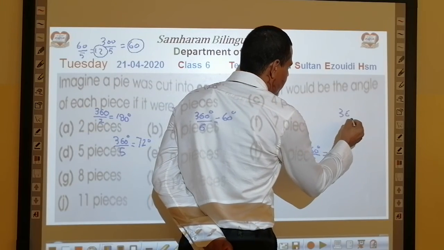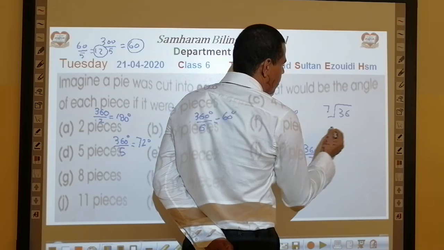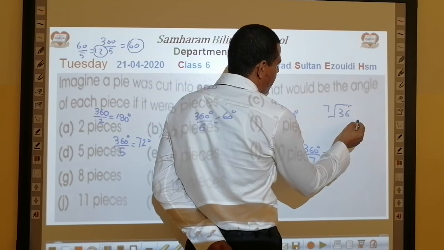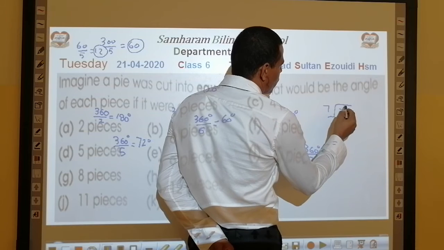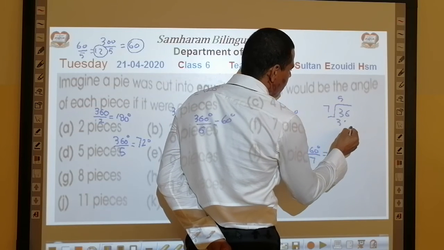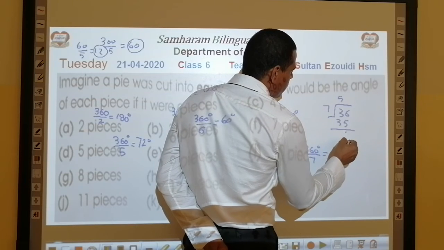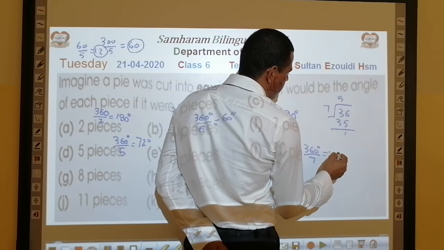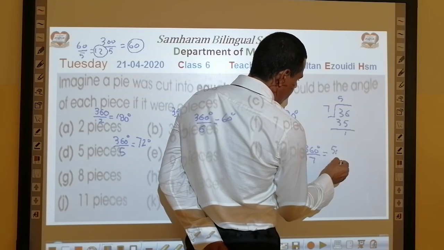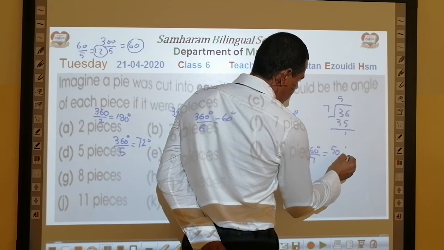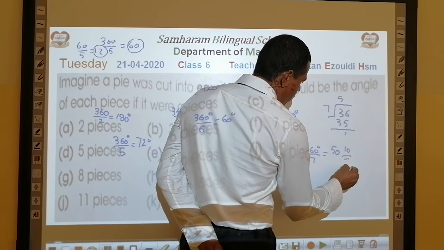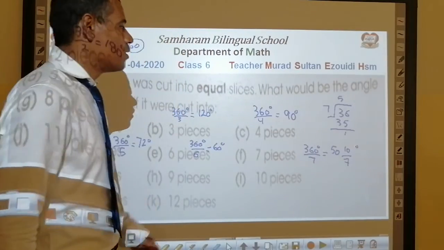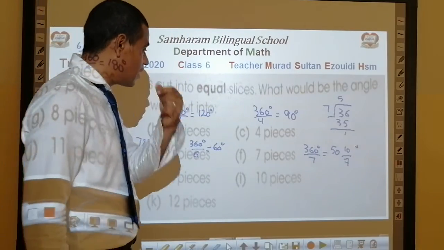Look, 36 divided by 7. It will be 5, then 35, okay, minus 1, so it will be 50, okay, 10 over 7 degree.